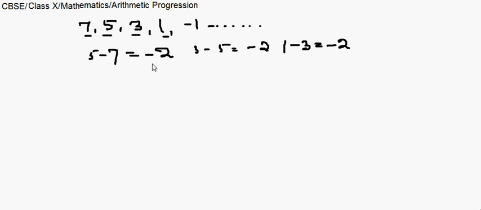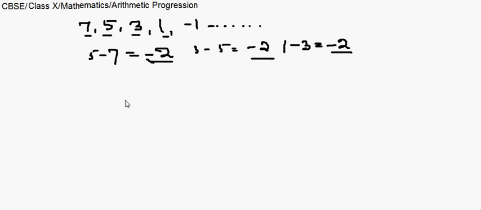So the difference between the subsequent numbers in this series remains the same, that is minus 2 all throughout. So this series is called an arithmetic progression. That means a series wherein the subsequent numbers have the same difference is called an arithmetic progression.